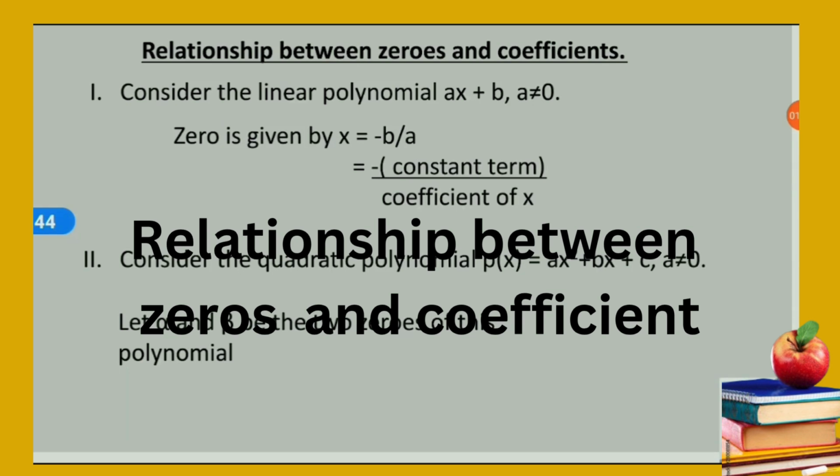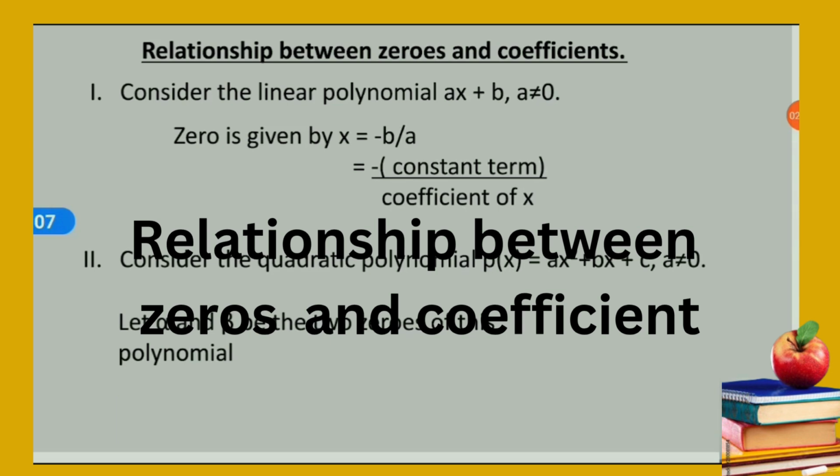B is the coefficient of x and c is a constant. Then we know in a quadratic polynomial the degree is 2. Hence we have a maximum of 2 zeros. Why 2 zeros? The degree of a quadratic polynomial is 2, therefore it has only 2 zeros.